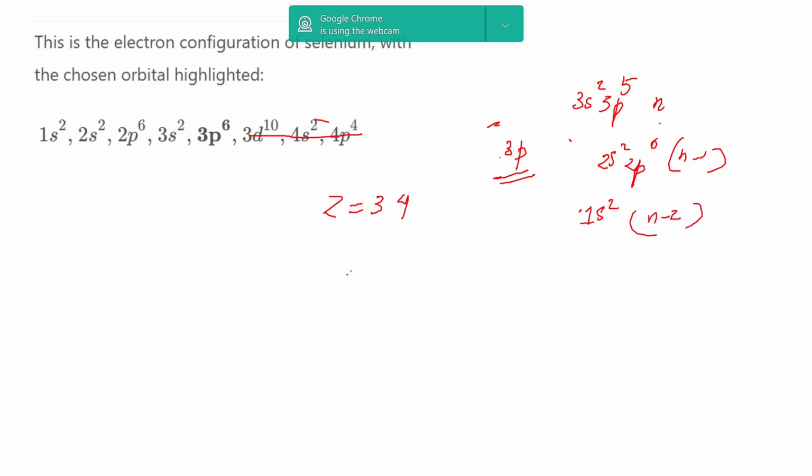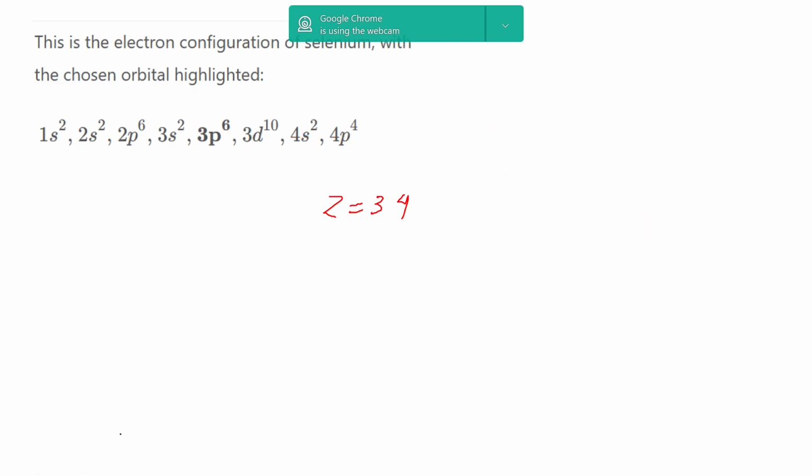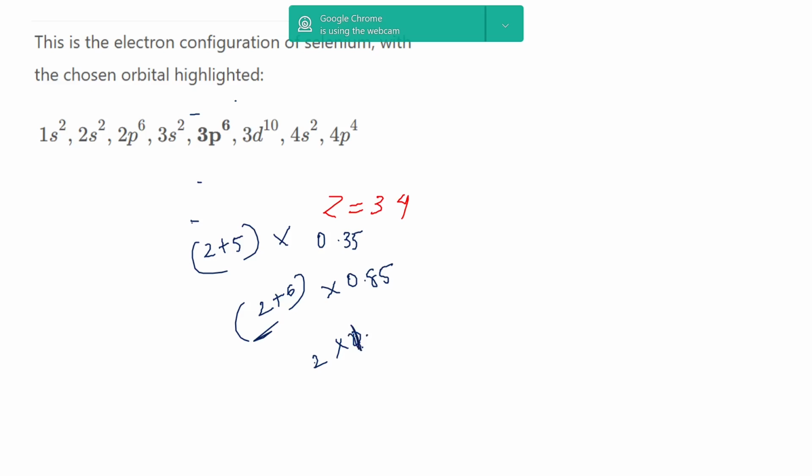So if we calculate, we have 2 plus 5 into 0.35, then 2 plus 6 into 0.85, then 2 into 1. Is this clear how I have taken it?